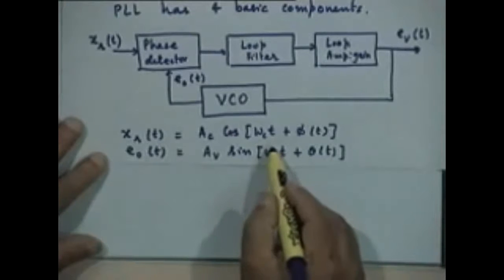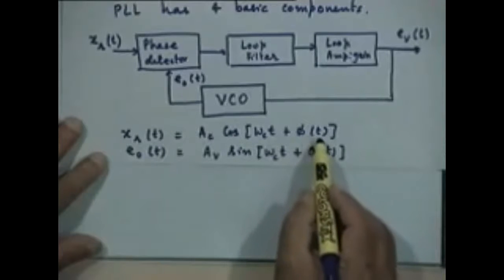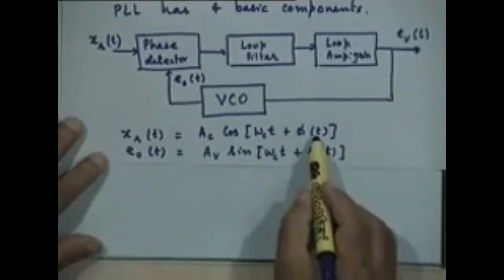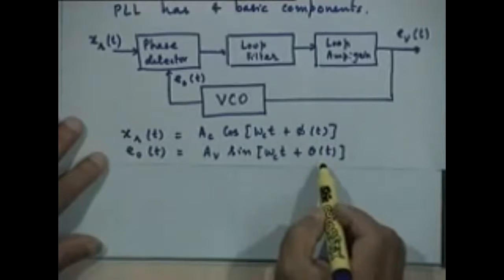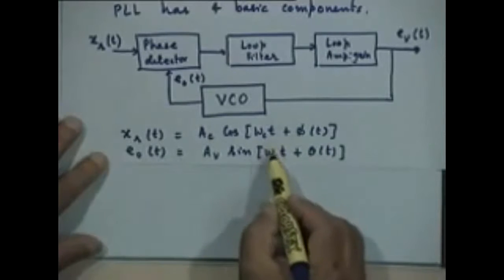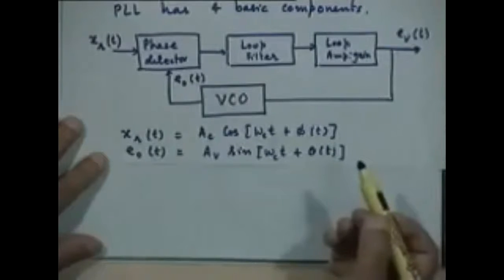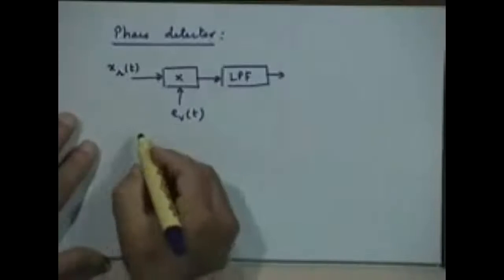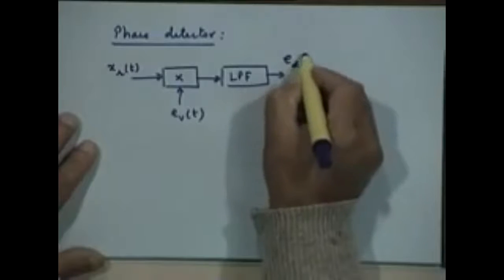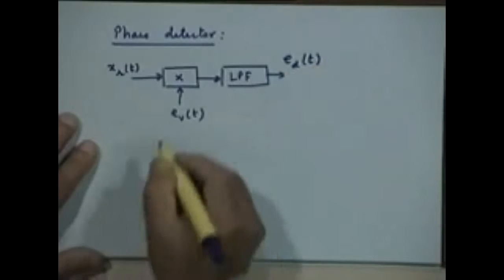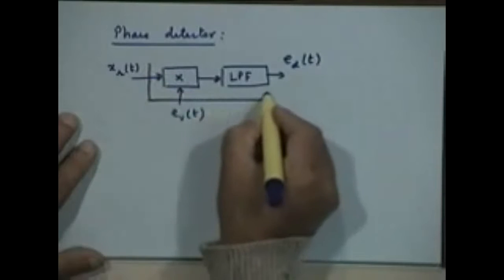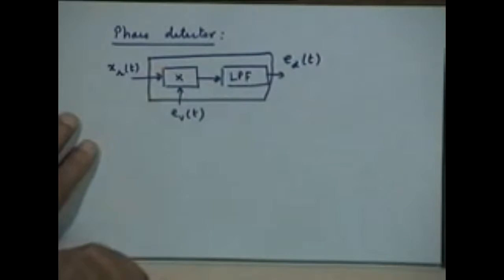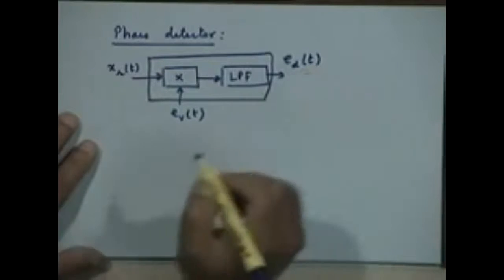Since omega c t is the same in both of them, the difference term will contain only the difference between the two arguments phi t and theta t, and the sum will be centered at a frequency of 2 omega c, which will be removed by the low pass filter. So if you look at the output of the low pass filter, let me call this e_d(t), that is the phase detector output. So I am realizing the phase detector as a set of these two blocks.